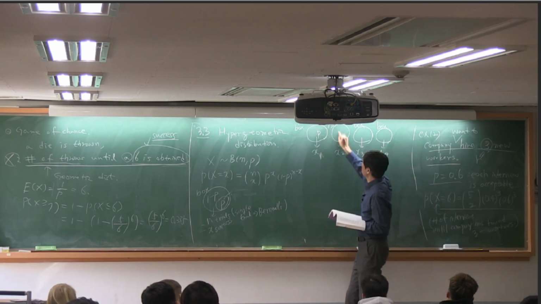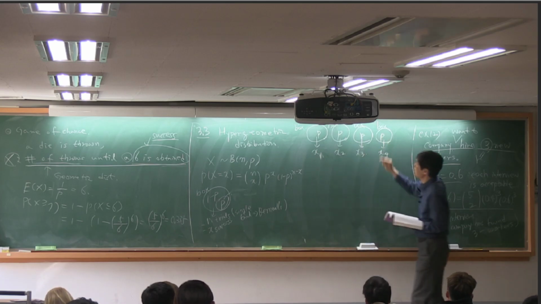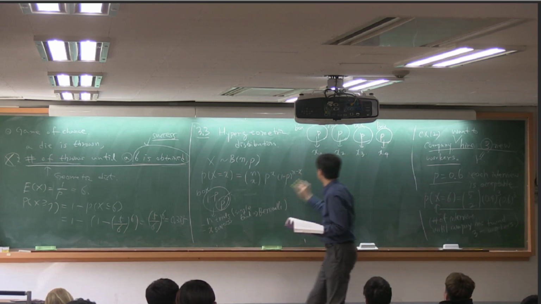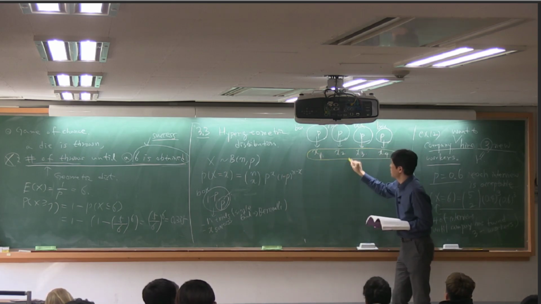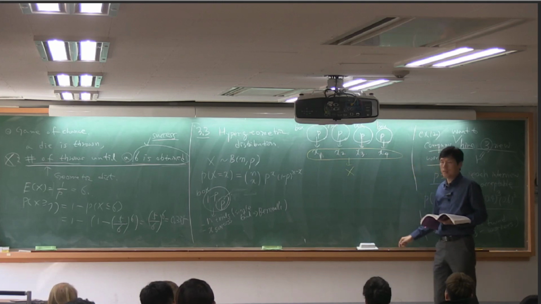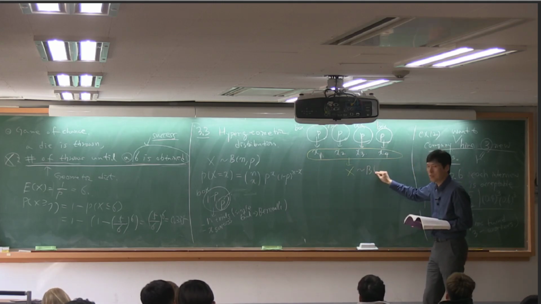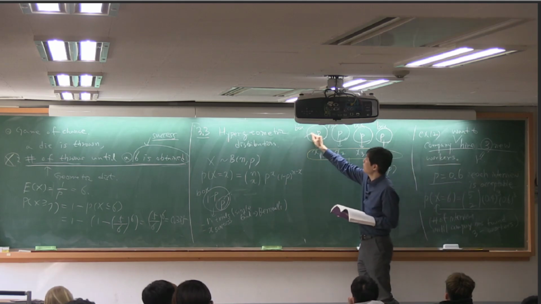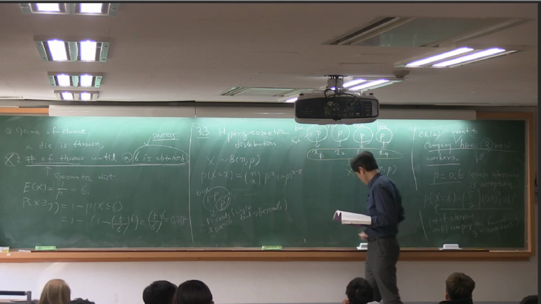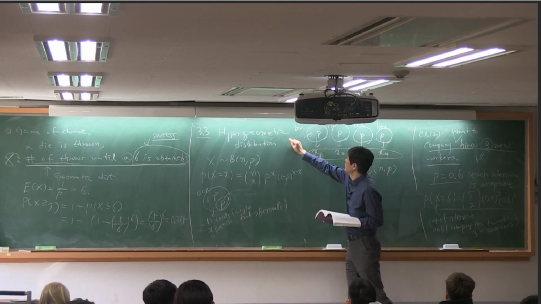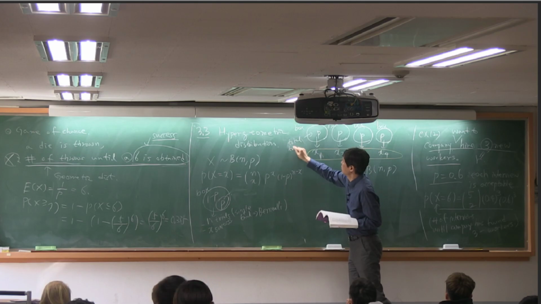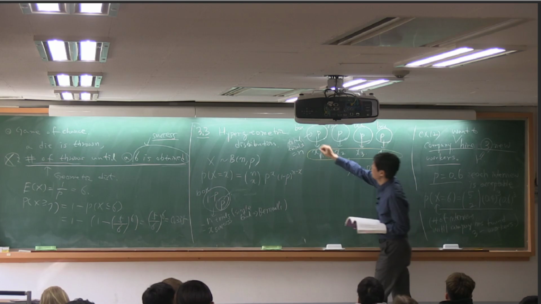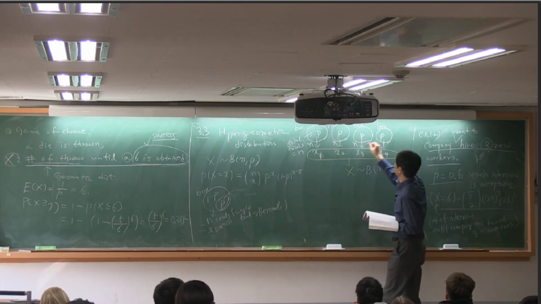And this success rate is all the same. When you have this result, this variable x, it is a binomial distribution. The total number of trials is n here, and n trials here too.